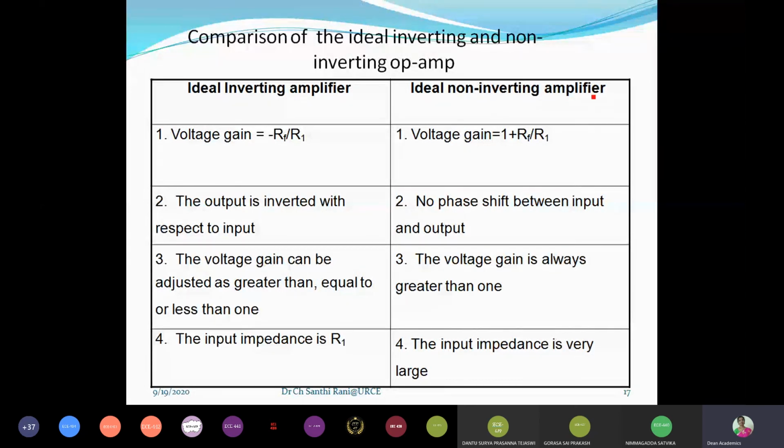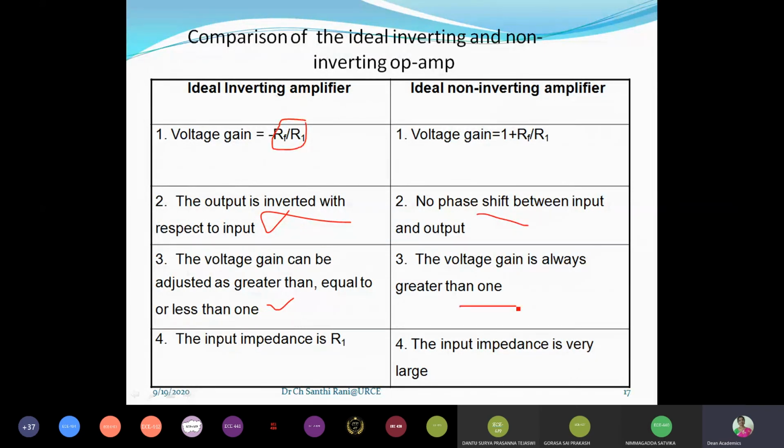So for the inverting amplifier, voltage gain is minus RF by R1, and here the voltage gain is 1 plus RF by R1. The output is inverted with respect to input here, and here there is no phase shift. The voltage gain can be greater than unity, or adjusted to be greater than, equal to or less than any value because of the resistor values.